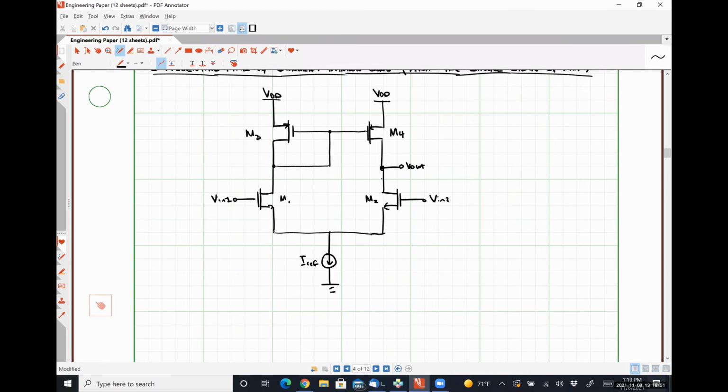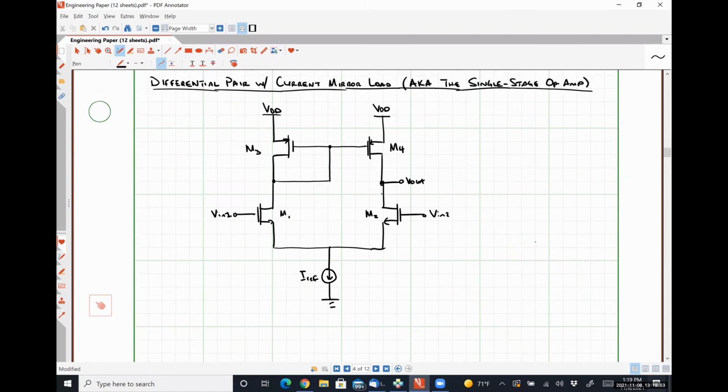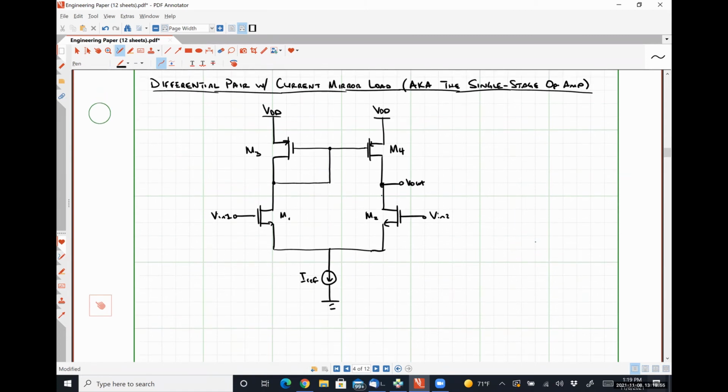So let's look at this guy from a large signal perspective first. And we're going to make some very specific assumptions here. M1 and M2 are matched. M3 and M4 are matched.